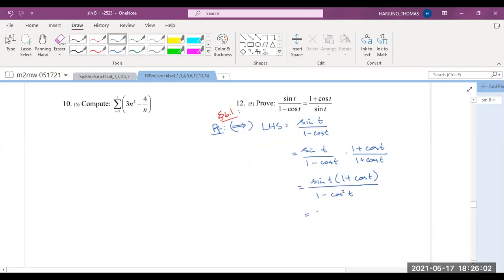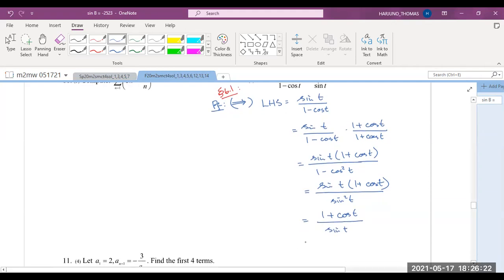And this is equal to sine t times 1 plus cosine t over sine squared t. And then we cancel one of the sine t. That's what we have on the right hand side. That's the end of the proof. That's for number 12.